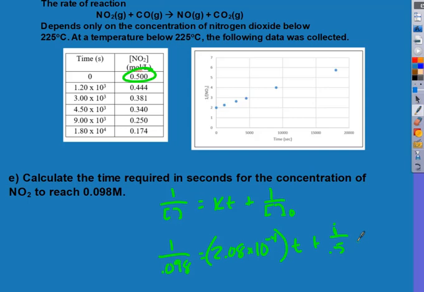So subtracting and then dividing by k, you should have got it. .94 times 10 to the 4th seconds.